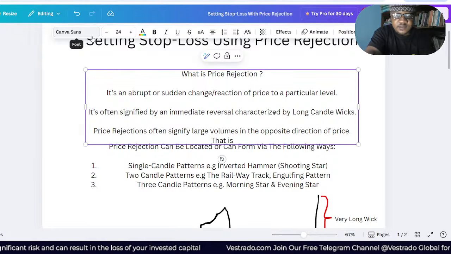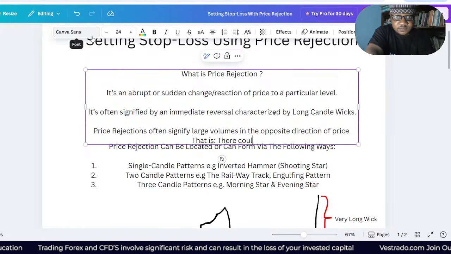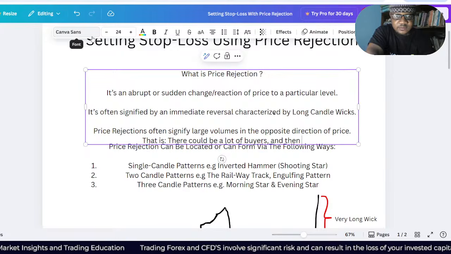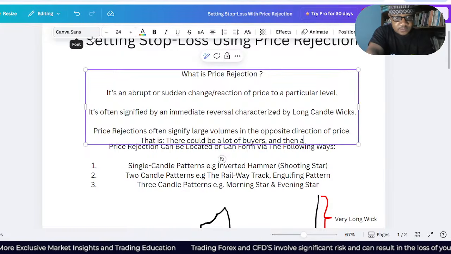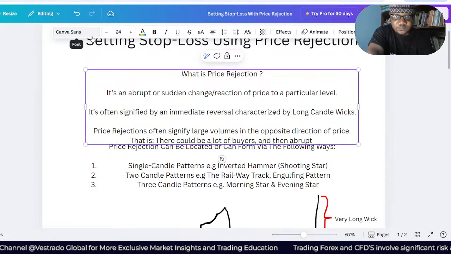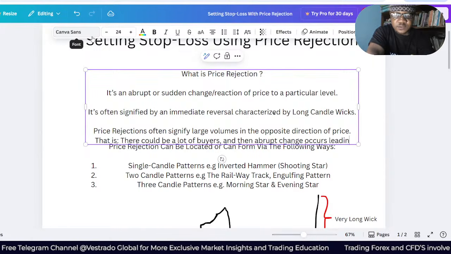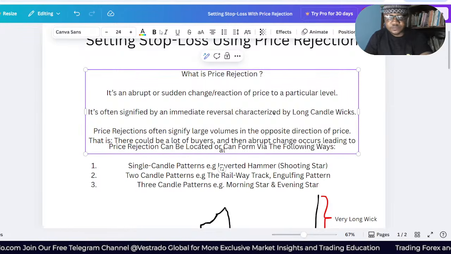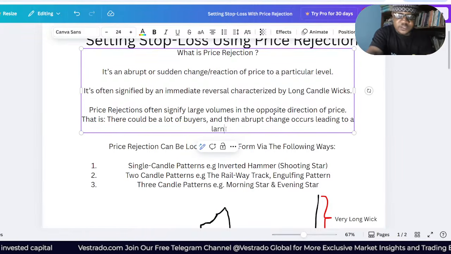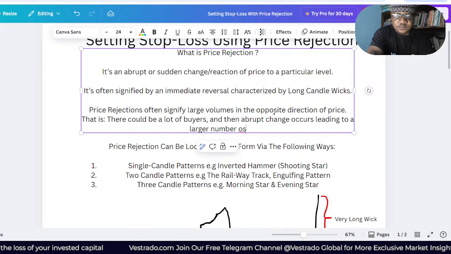That is, at one point, at this moment, there could be a lot of buyers, and then immediately an abrupt change occurs, leading to a larger number of sellers, or vice versa.